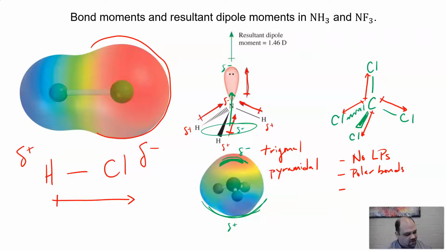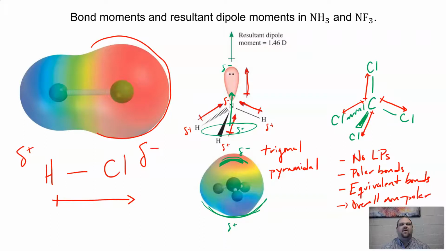And I'm going to say that all bonds are equivalent. Right? That just means that we have all C-Cl bonds. We don't have 3 C-Cl bonds and 1 C-H bond. Okay? If all of these things are true, then overall, it's non-polar.